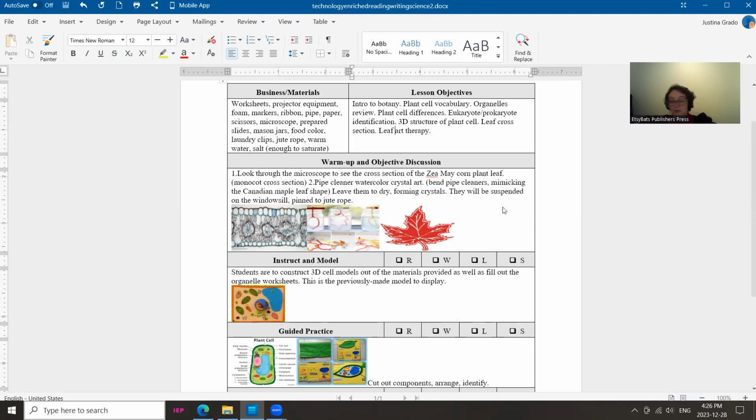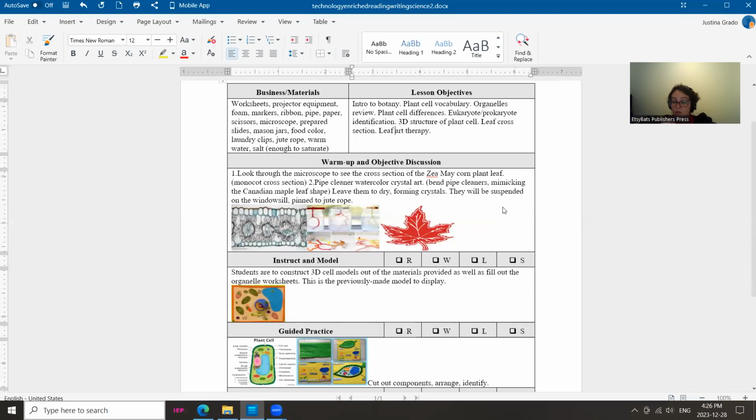Together we will bend the pipe cleaners to form the shape of the Canadian maple leaf, or any shape resembling a leaf. Dip them into salt saturated warm water. It's essentially 3 parts salt to 1 part water.